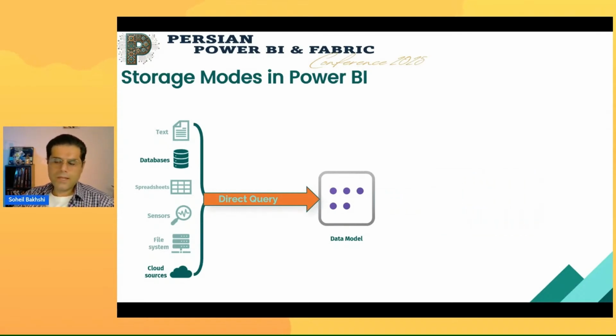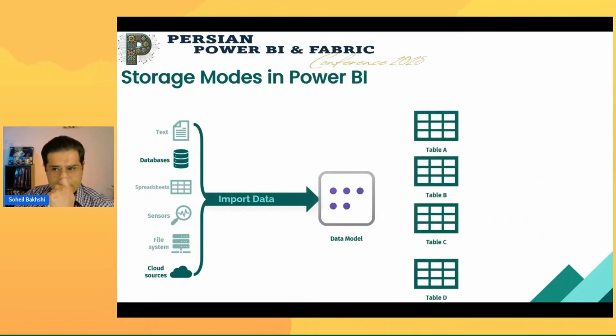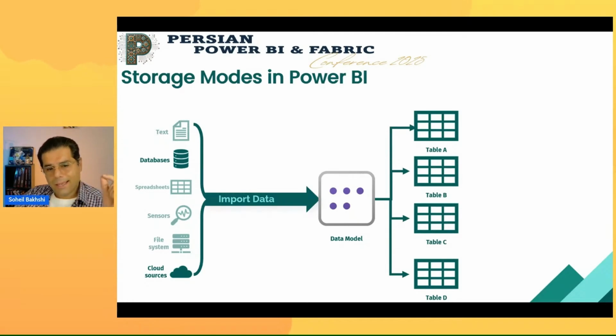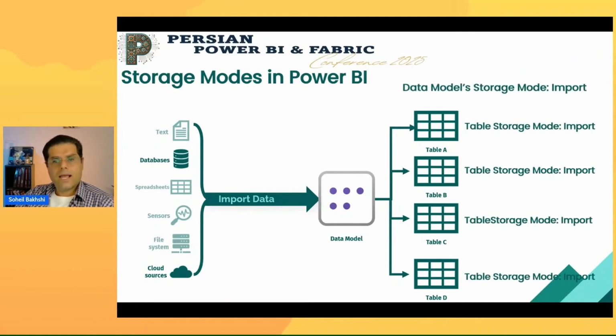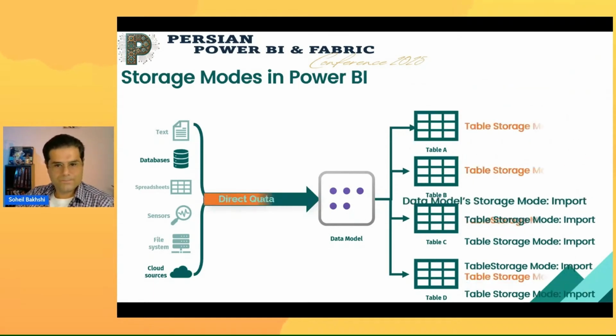Next, in the data model, we have tables, and at the level of the table we also have a storage mode. If every single table is in import mode, then the storage mode of the entire model is called import mode.